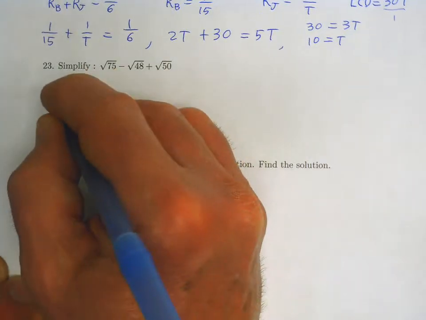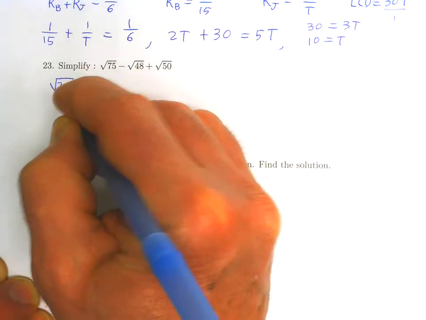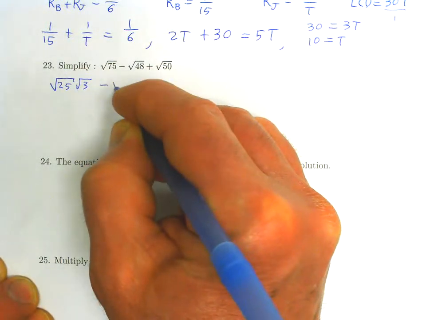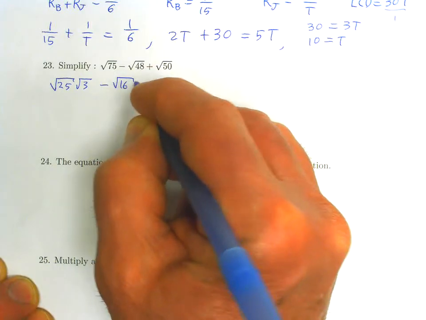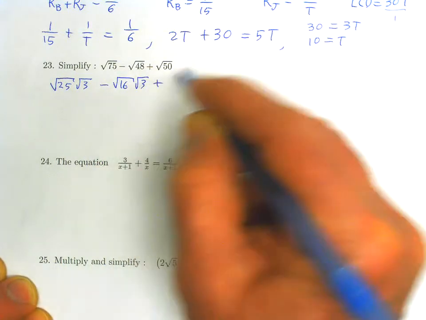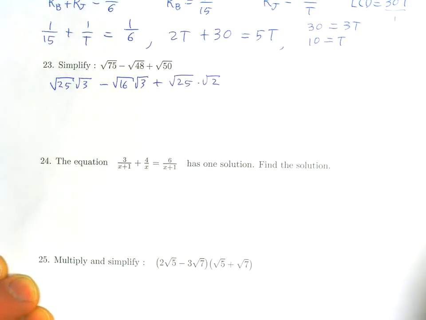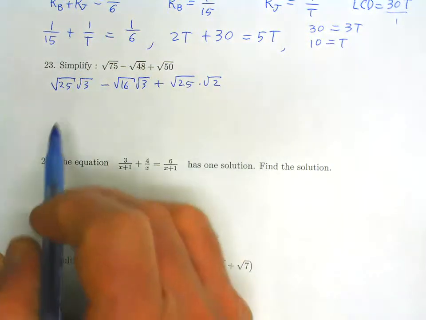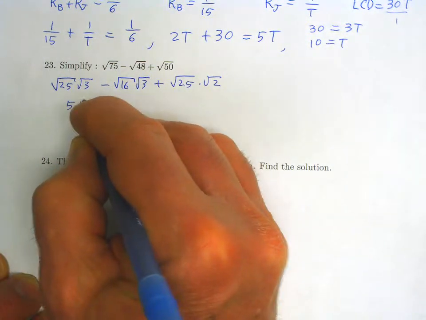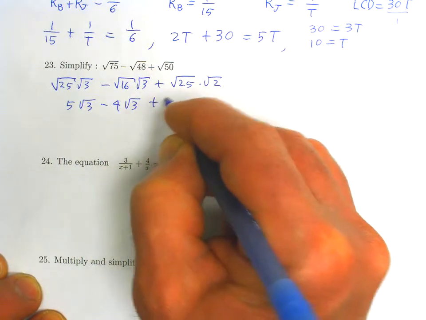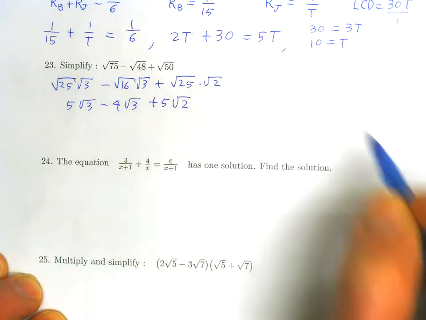So we rewrite this as the square root of 25 times the square root of 3 minus the square root of 16 times the square root of 3, and then plus the square root of 25 times the square root of 2. Then we get 5 times the square root of 3 minus 4 times the square root of 3 plus 5 times the square root of 2.